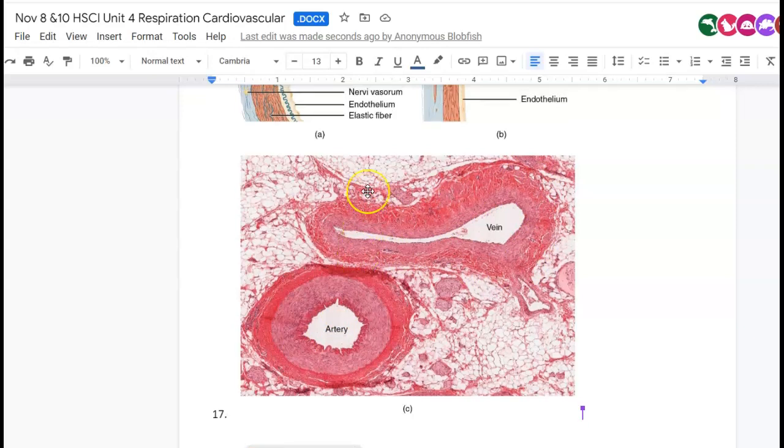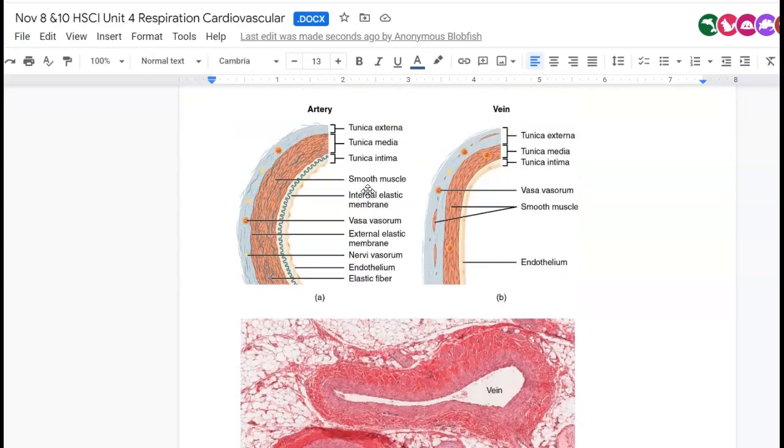Okay? So if we go to the diagram, there are 3 layers: external, middle, and internal, but we have to turn it into Latin, so it's externa, media, and interna. Don't worry about the Latin names, just realize there are 3 layers. The inner layer is an elastic membrane that's epithelial tissue. You want it nice and smooth.